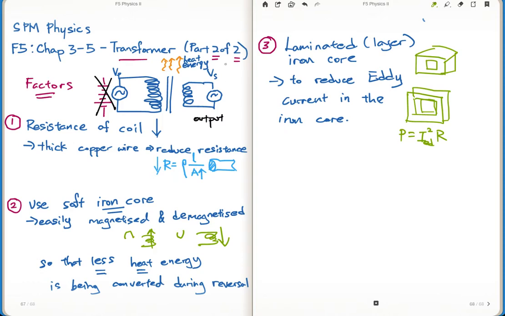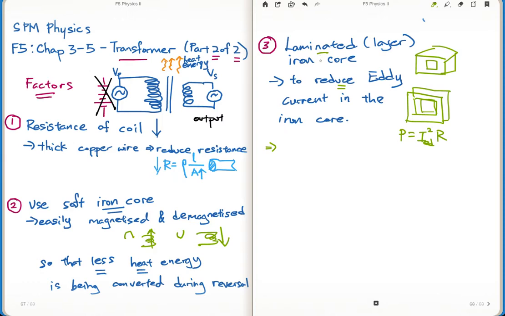In order to reduce it, use laminated iron core that insulates the sheets of iron. How?